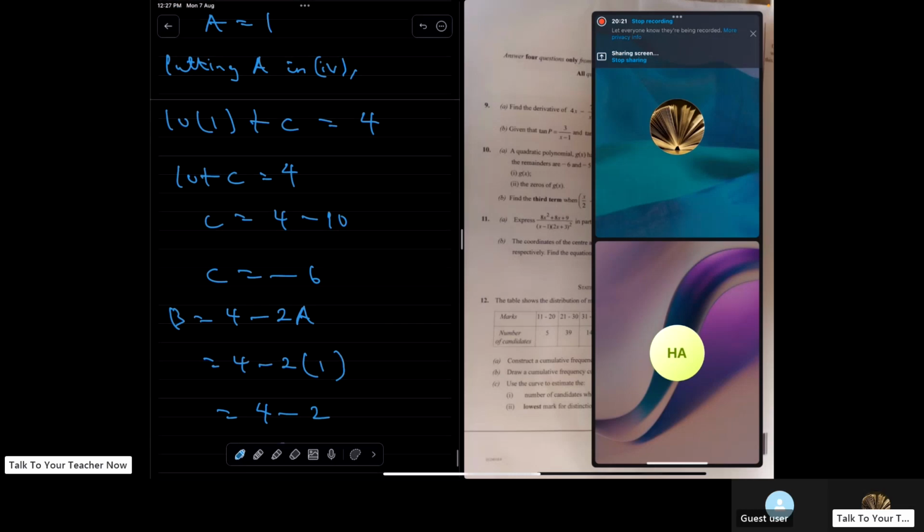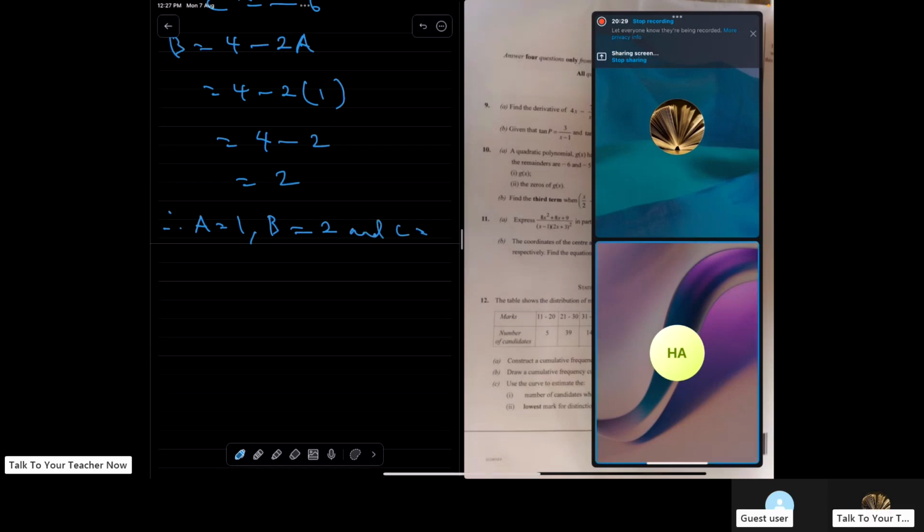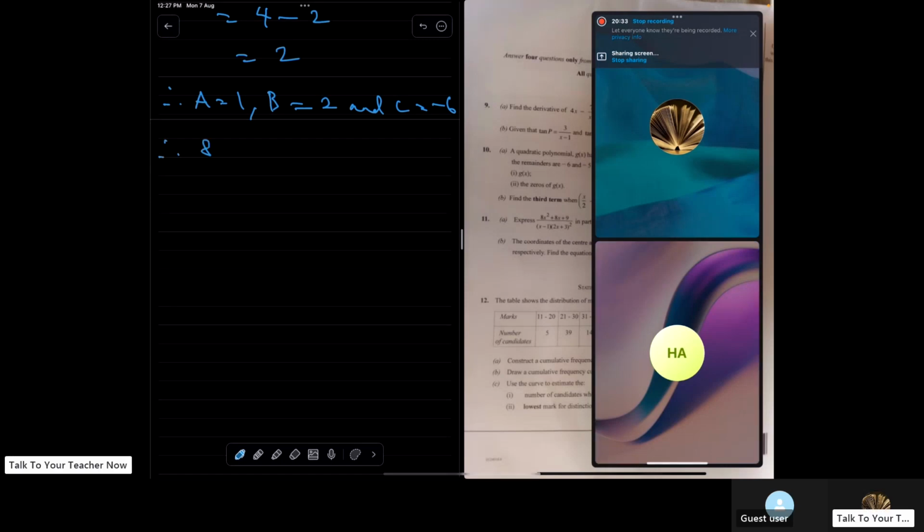So we have all of them: a equals 1, b equals 2, c is minus 6. I hope you are not bewildered. Don't pretend you are getting it if you are not. I'm getting it. Okay, alhamdulillah.